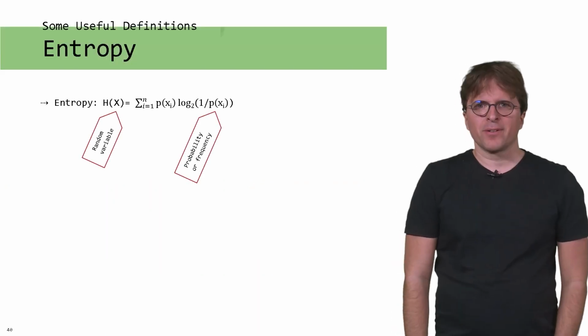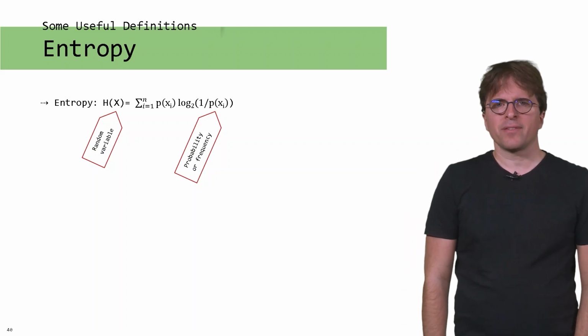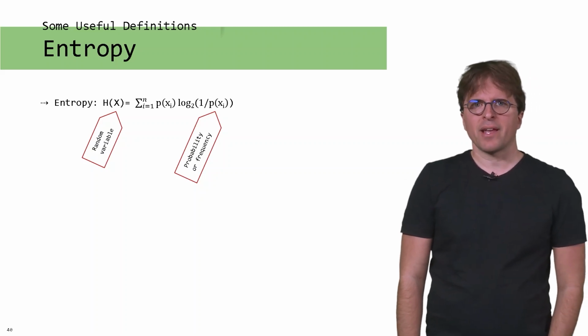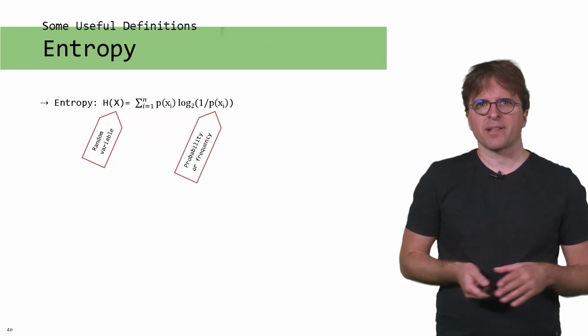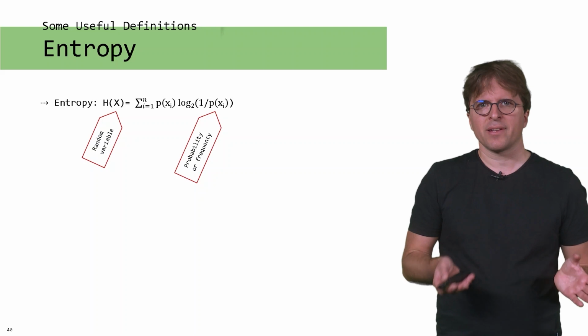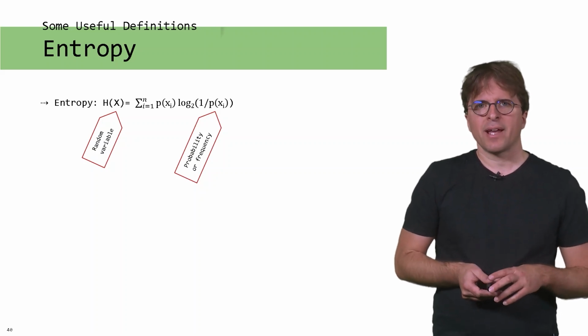All right, so in this course we will need a couple of important definitions, and one of them is entropy. As we will see, for example, the expected path length you can achieve in a network is related to the entropy. So what is the entropy?